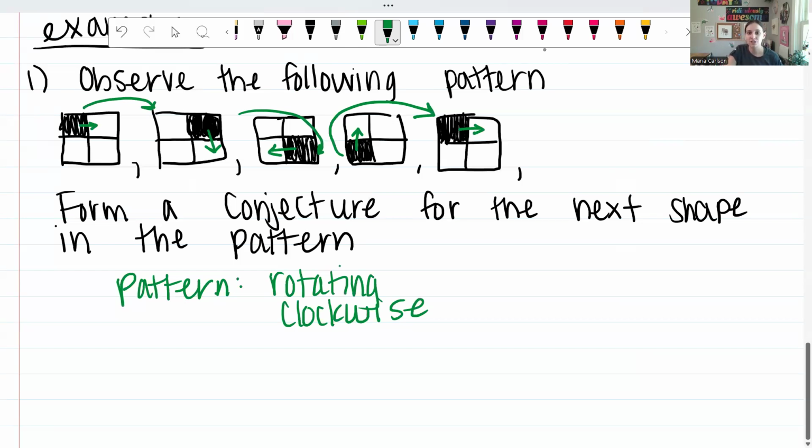So the next shape is still going to be this 2 by 2 grid, but the colored in square is going to be this upper right-hand corner. It's rotated once more. So this is our next shape.